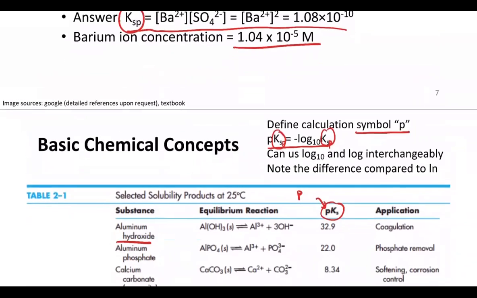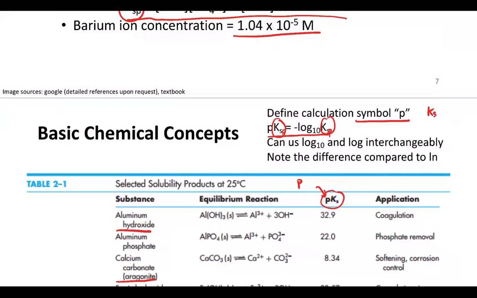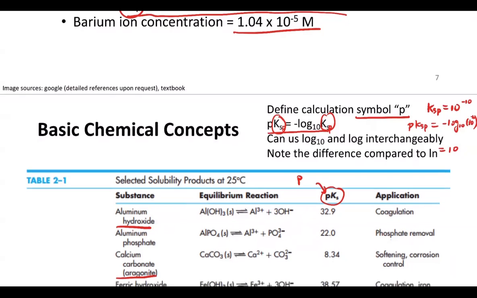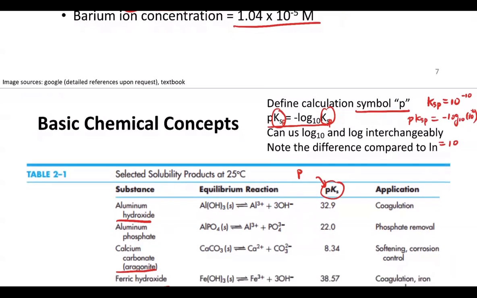For example, if we have a KSP equal to 10 to the negative 10, then the pKsp is just the negative log 10 of this, so you're going to get a value of 10, right? This is how we define this symbol P here.